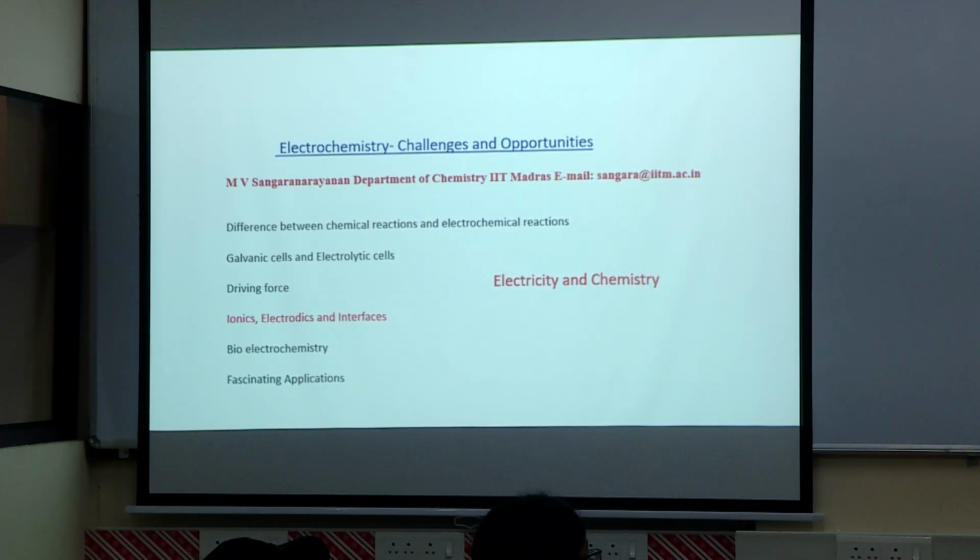Today, when you see any journal, there will be at least 10% electrochemistry in the journal, even if it is organic chemistry or inorganic chemistry work. Because the journals will ask, where is the electrochemical measurement? What measurement do people do? They measure electrode potential.